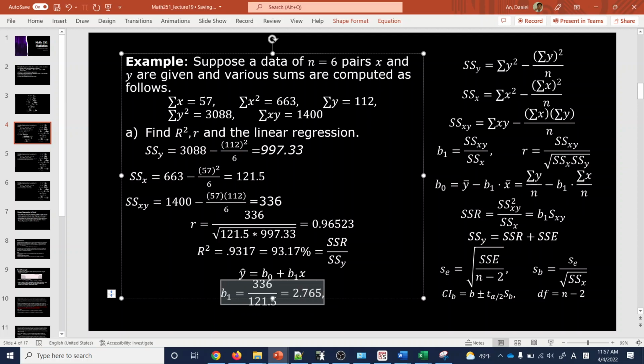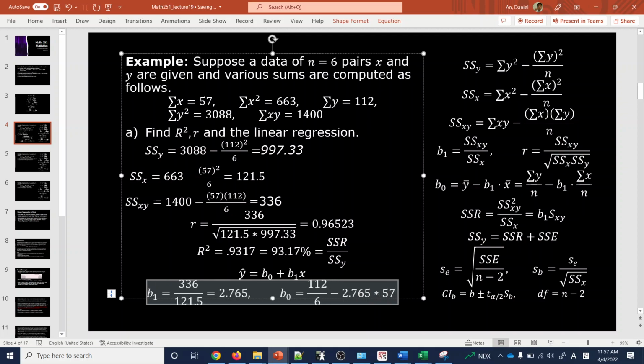Okay. And now we have to find B0, which is the sum of y divided by n, minus B1, the value that we just found, times the sum of x divided by n. So we're going to use this formula to get B0. B0 is the sum of y, which is 112, divided by 6, minus 2.765 times the sum of x, which is 57, and then you divide it by 6.